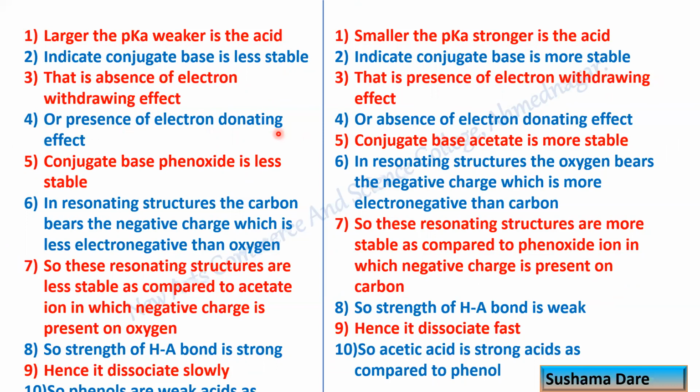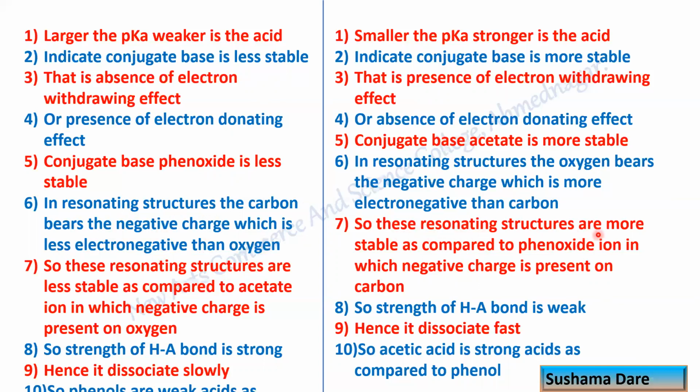So acidity is governed by two effects. The acidity increases when there is an electron withdrawing group present. Acidity decreases if there is an electron donating group present. So the conjugate base phenoxide is less stable. In its resonating structure, the carbon bears the negative charge, which is less electronegative than oxygen.